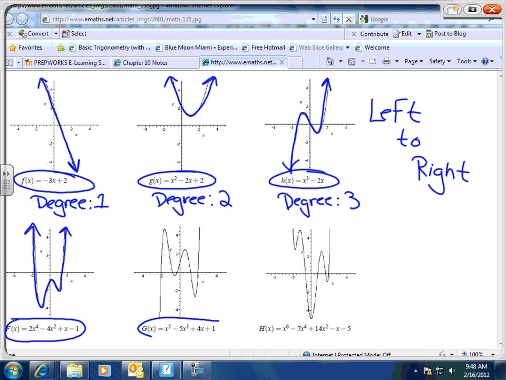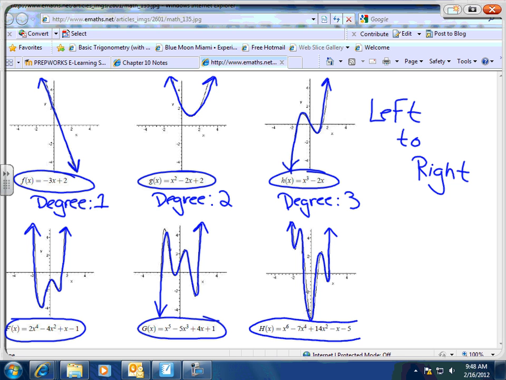Let's look at this. I got x to the fifth power, right? Let's notice the end behavior here between x to the fifth and x to the third and x to the first. Let's just take a look at that. And then we've got this guy right here, and this is x to the sixth.